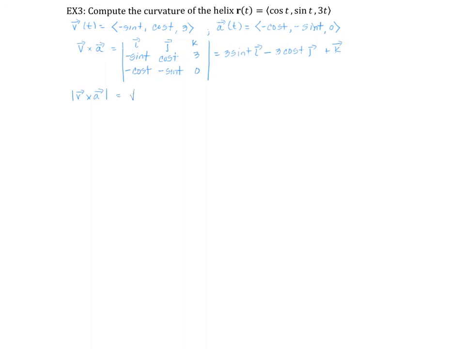So square the first term, I have 9 sine squared t plus square the 3 cosine to get 9 cosine squared of t, and then plus 1. So 9 sine squared t plus 9 cosine squared t is just going to be 9, plus 1 gives me the square root of 10.